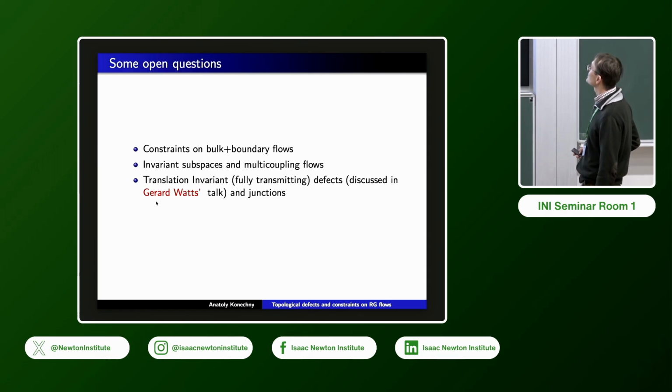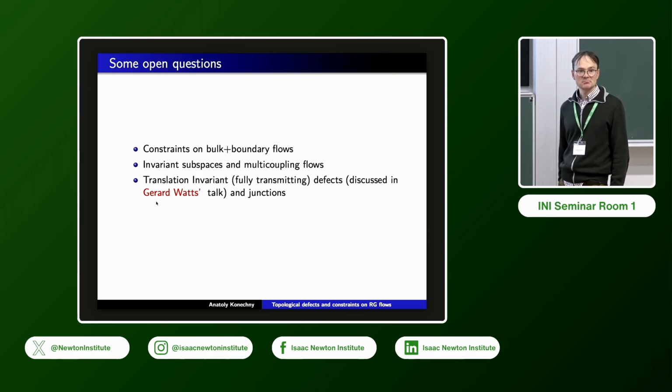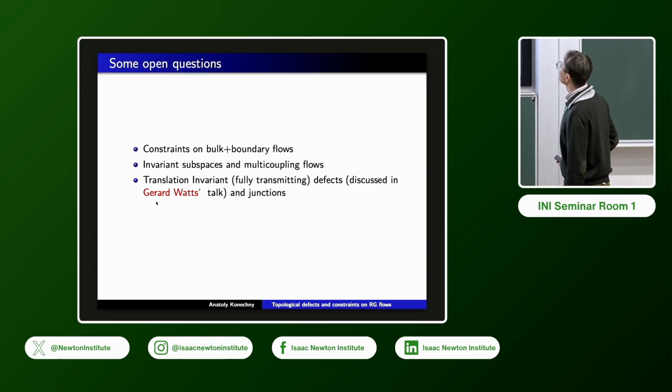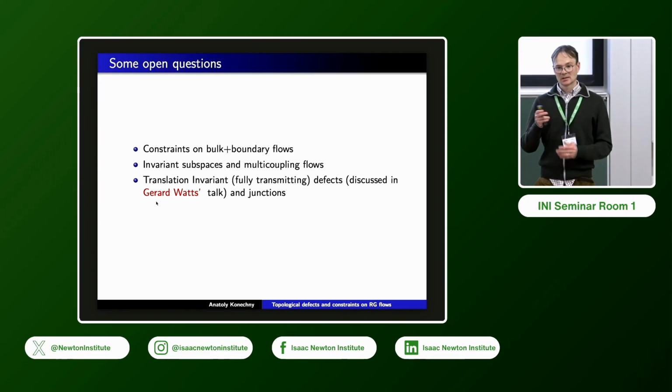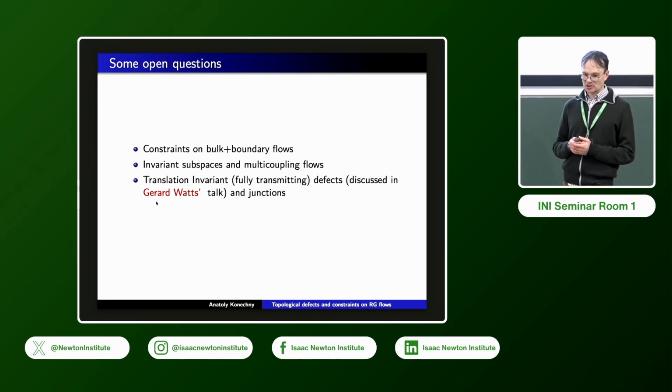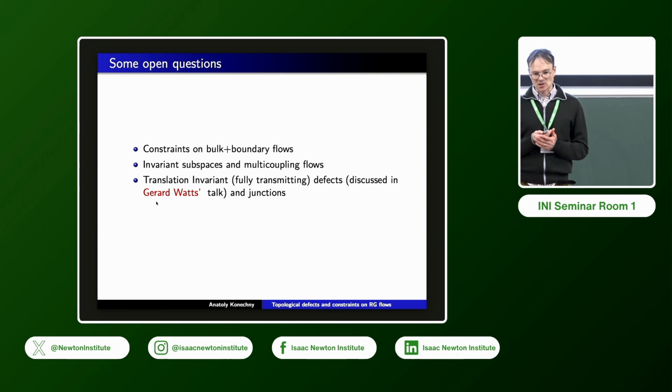I have never seen constraints on combined bulk plus boundary flows. I think it would be really nice if someone looked into that. Another thing, multi-coupling flows. If you have several couplings, in this context they'd better all be operators in the same group, or at least with the same quantum numbers.